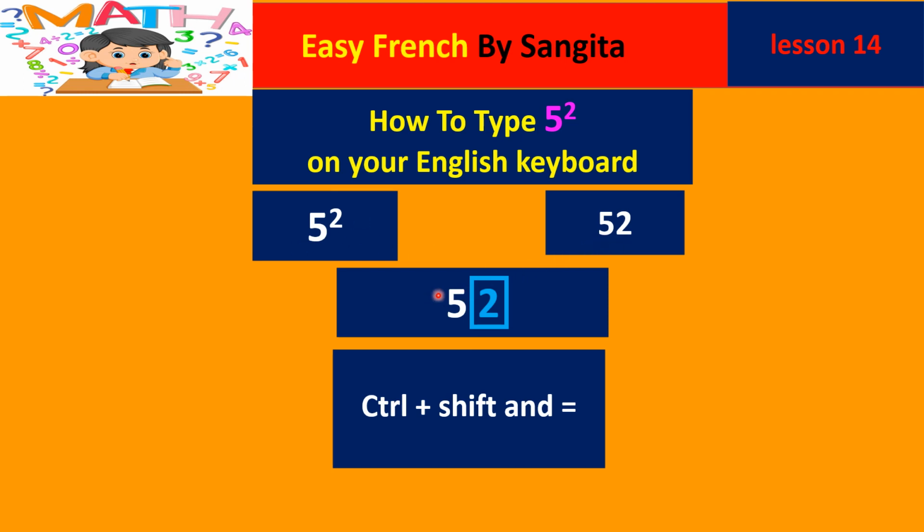After writing 5 and 2, highlight this 2, meaning you select this 2, and then press Control, Shift and the equal sign together. You will get this 5 square, because this 2 is going to go up.